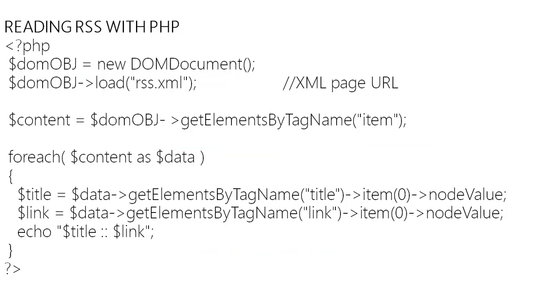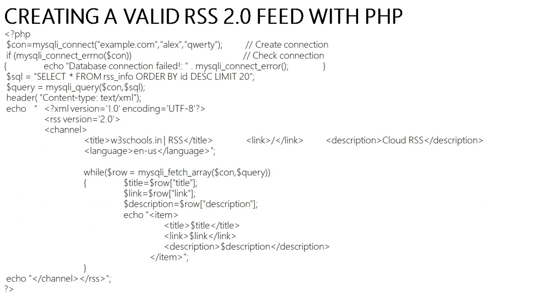In this program, from XML we are collecting the data and accessing the data from the XML. So as you can see here, RSS version 2.0 means this file, the data from the RSS info table is converted into RSS.xml, because we have written here RSS version 2.0.